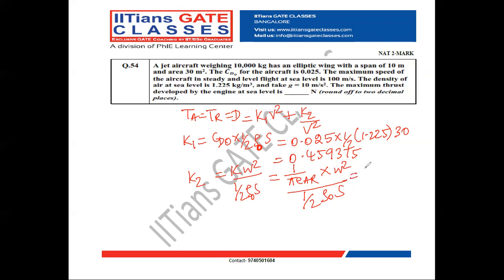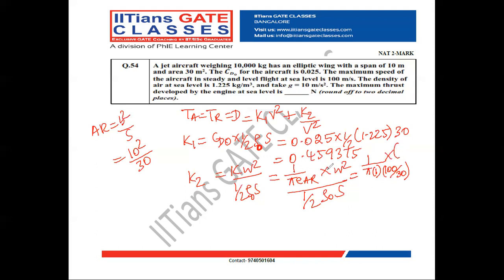If I substitute that, 1 divided by pi, E is 1 for elliptical wing, the Oswald efficiency factor. Aspect ratio is nothing but b square by s, so it is 10 square divided by 30, that is 100 by 30.